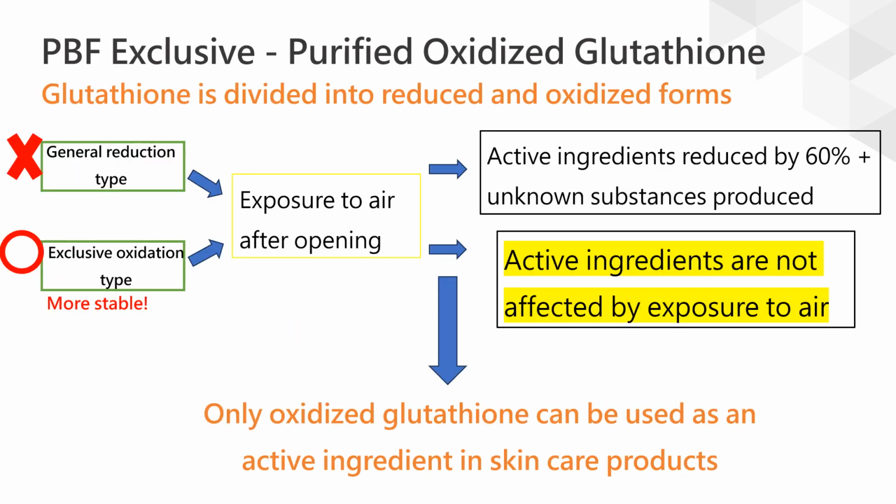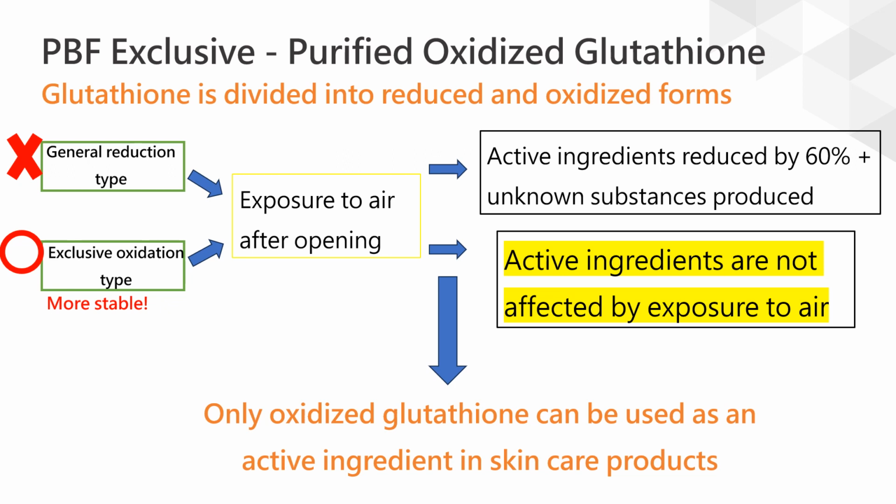So now that we know how glutathione works in whitening, we have our very own PBF exclusive purified oxidized glutathione, where glutathione is actually divided into reduced and oxidized forms. PBF only uses an exclusive oxidized glutathione, not the commonly used one on the market, which is the reduced glutathione.